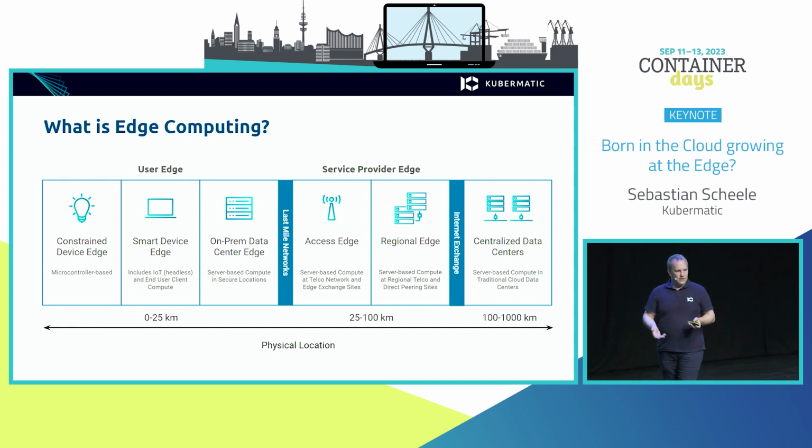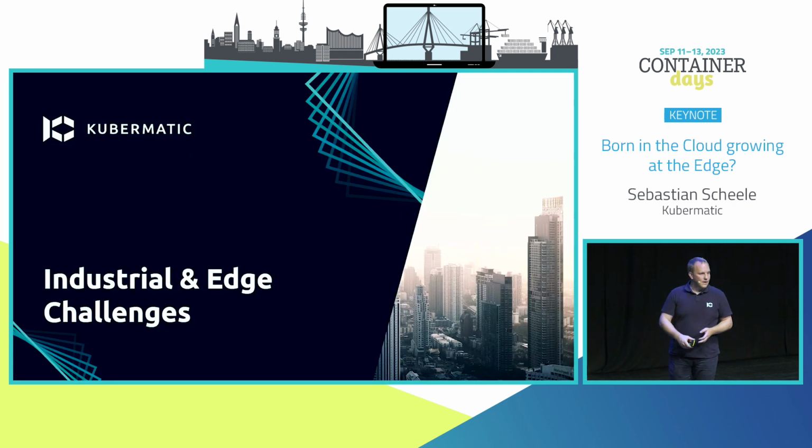And what is the challenge with this? I want to focus today on the industrial edge challenges. There are many more cases as well, like, as I said, everyone using smartphones. It's also edge, but there you potentially have different challenges.